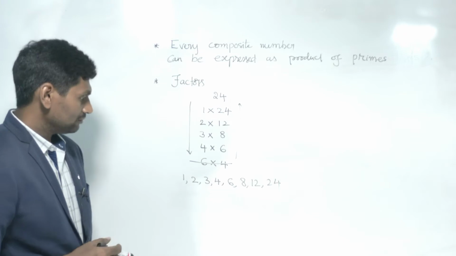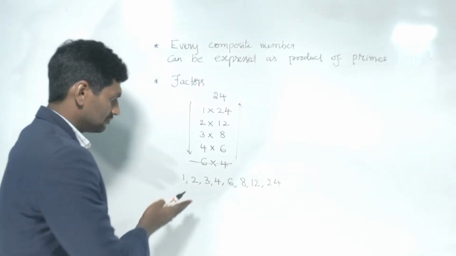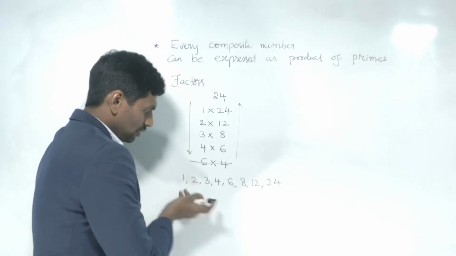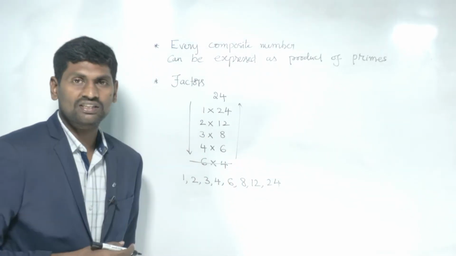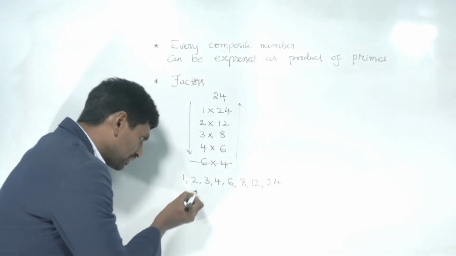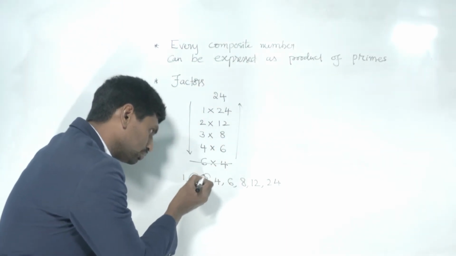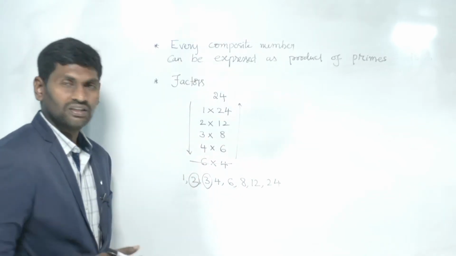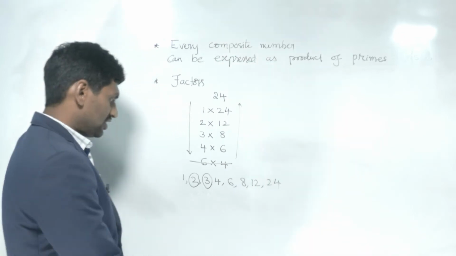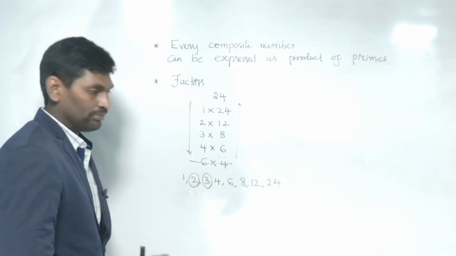Okay? How many? 1, 2, 3, overall 8 factors. Among them, 2 and 3 only are primes. These two are prime numbers.